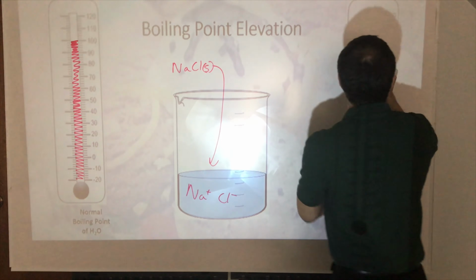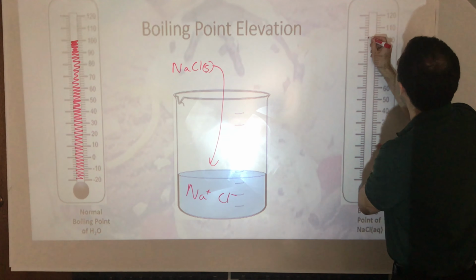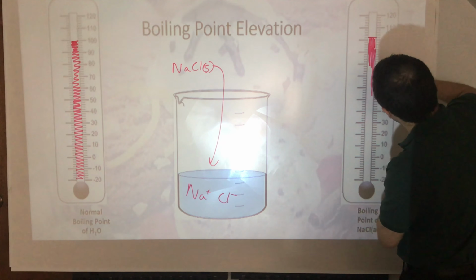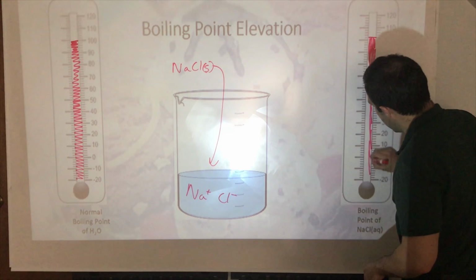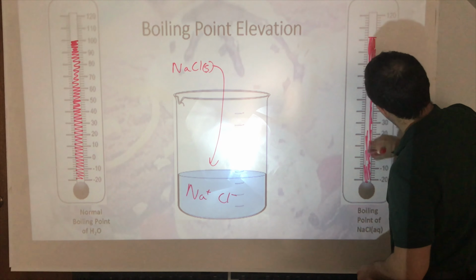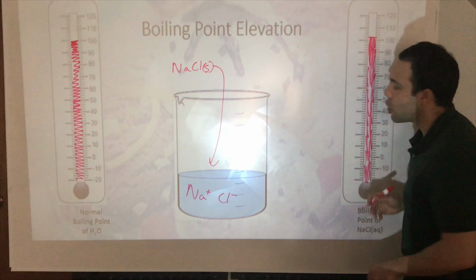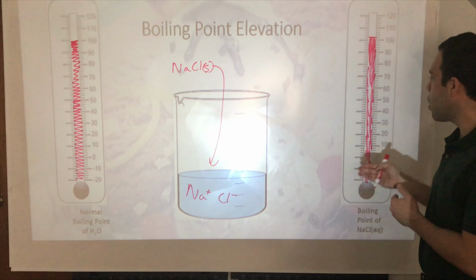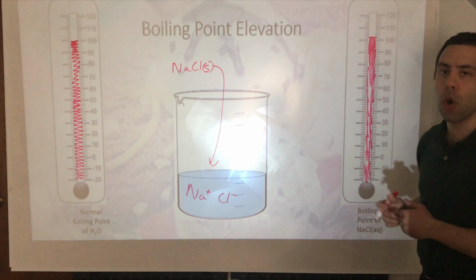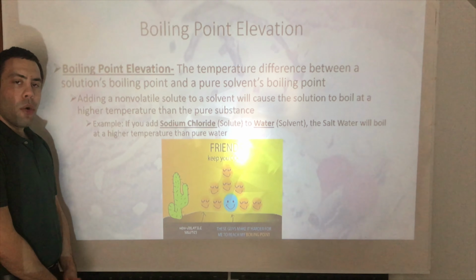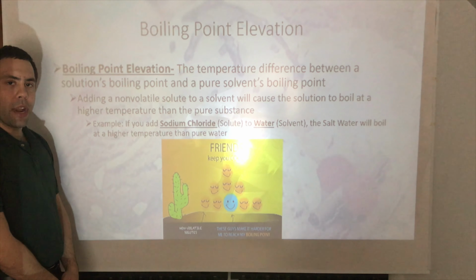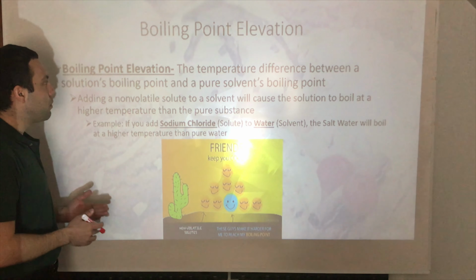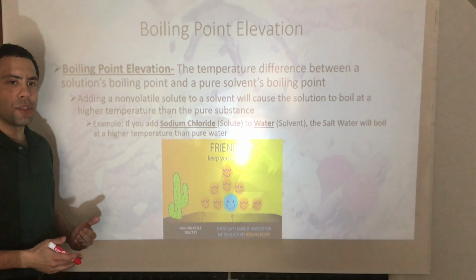Now, you're probably not going to add too much salt to your pot of boiling water. So with the amount you are going to add, it's probably only going to raise the boiling point to 101 degrees Celsius. So your normal boiling point, 100 degrees Celsius. Your salt water solution boiling point is 101 degrees Celsius. So, a formal definition of boiling point elevation is the temperature difference between a solution's boiling point and a pure solvent's boiling point.